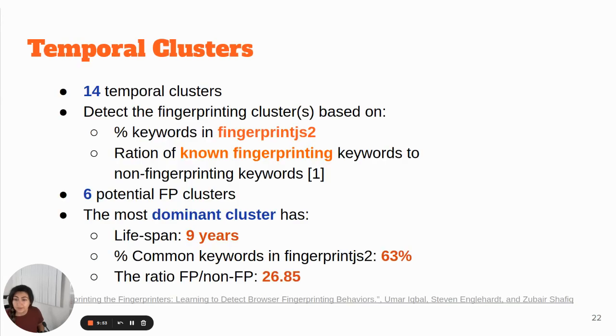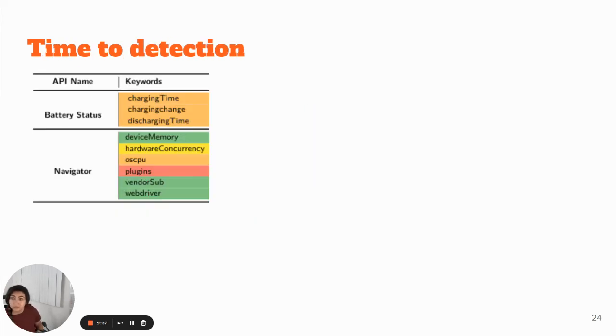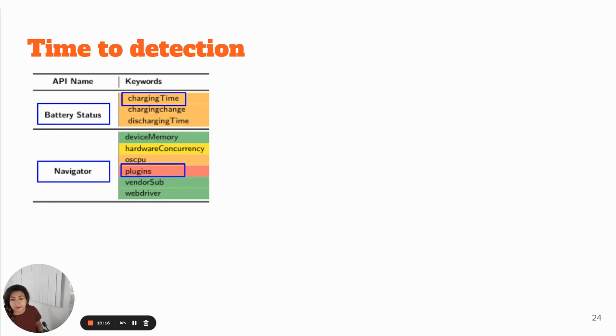We next investigate only the dominant cluster. In the dominant cluster, we link JavaScript API methods and properties with their parent class. For example, if we observe the charging time API keyword, which is a property of the battery status API, or plugins, which is a property of the navigator API, we know that their parent class is battery status or navigator.